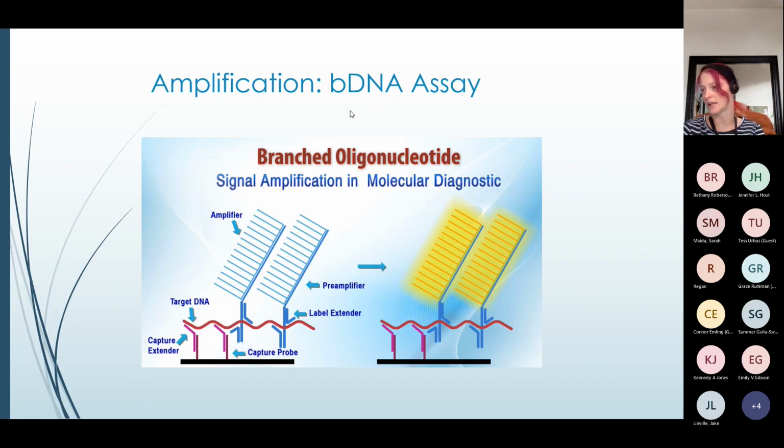Branched DNA assay: we have branched oligonucleotides, so you have signal amplification in molecular diagnostics. You have a plate, a capture probe, and a capture extender, which binds to your target DNA. Then you have a labeled probe and a labeled extender.